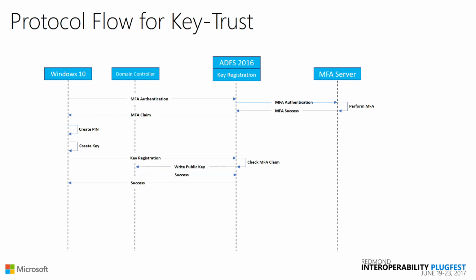I would like to emphasize this again. In this room, if anyone is an implementer of ADFS: as far as the Windows 10 computer is concerned, it is talking to ADFS. The multi-factor authentication is happening at the back end of that. After multi-factor authentication happens, ADFS issues you a claim.